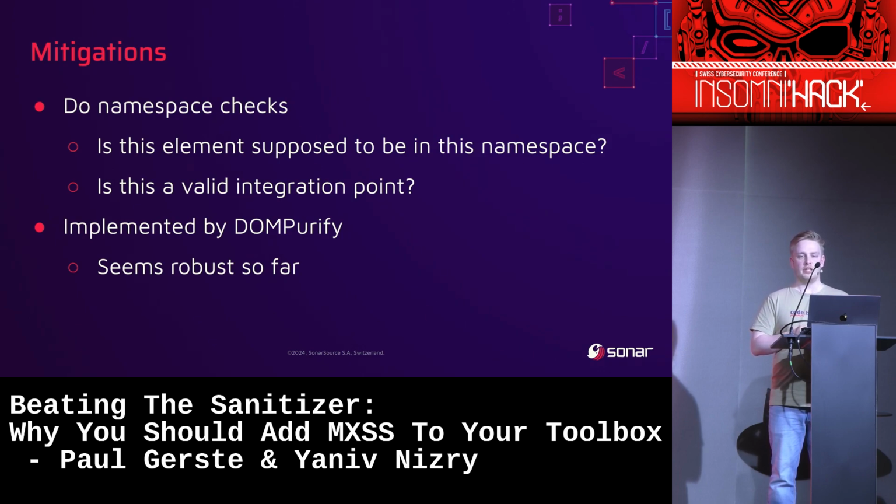And also for HTML and foreign namespace integration points, you want to do a check where, if the element has a different namespace than its parent element, it can only be a handful of elements that are allowed in this situation. So you should throw them out if they're not those elements. And this is actually implemented by DOMPurify. And so far it seems robust. I think there have been some mutations found that the browser does, that we, for example, saw with the form element, where this mitigation then explicitly saved DOMPurify from a bypass.